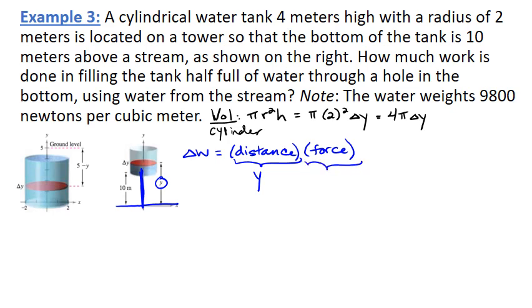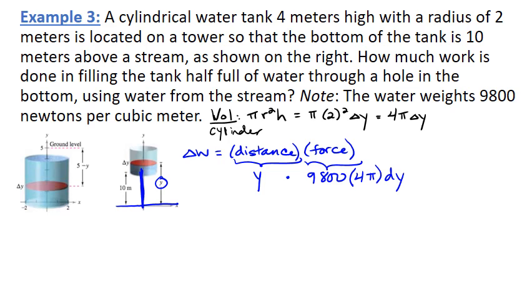Now we need to address the force. The force, or the weight, is going to be this value times the cubic meters. So it's going to be 9,800 times this, 4 pi dy.